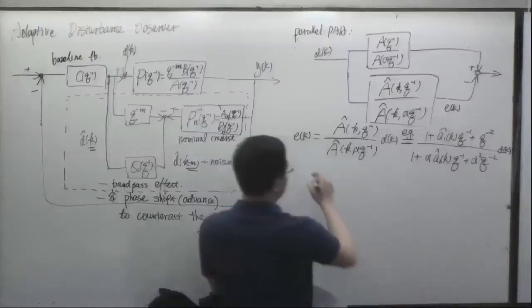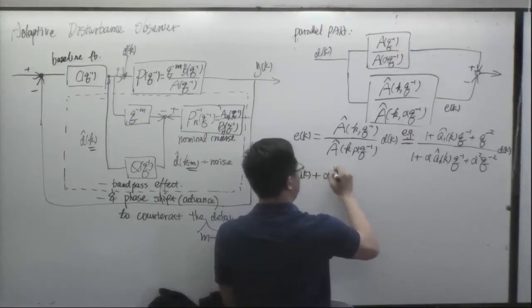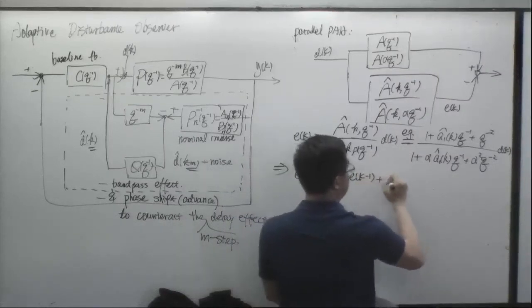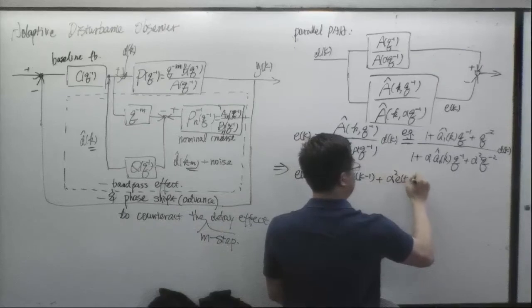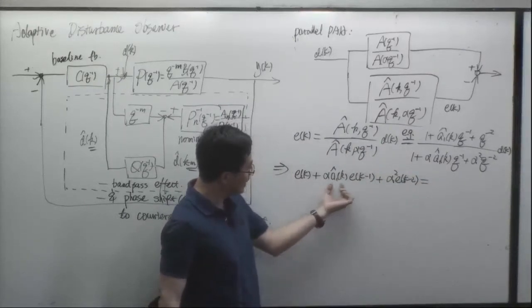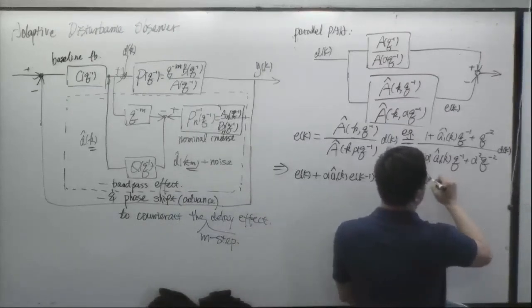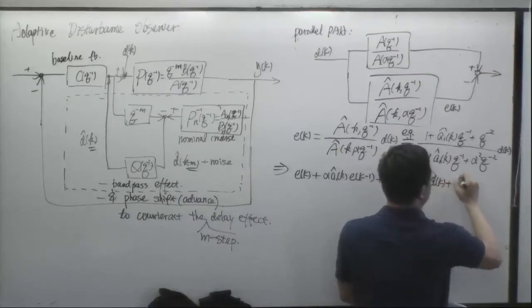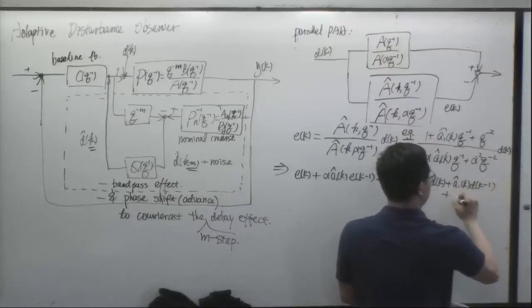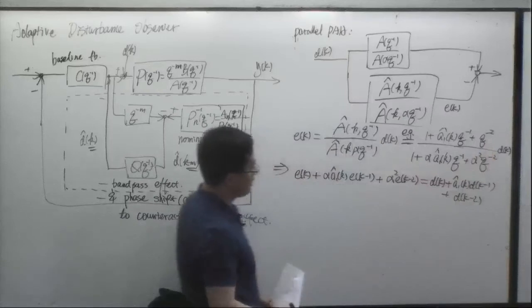It's going to be Ek plus alpha A1 hat Ek minus 1. On the left side, you no longer have this A1, but you have A1 hat in here, plus Dk A1 hat k, and then plus Dk minus 2 here.